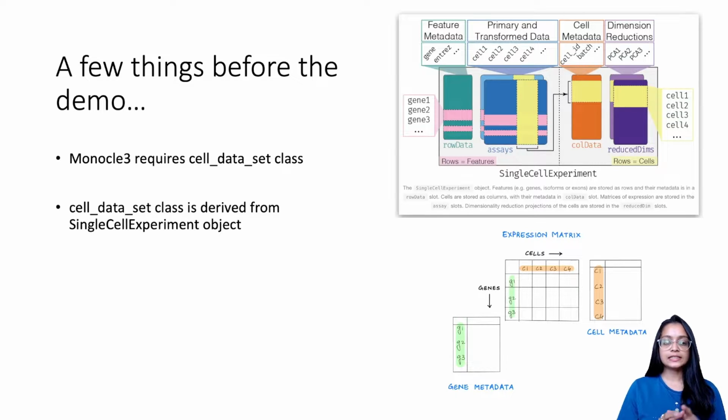Basically, this cell dataset class requires three input files. The first is the expression matrix, which is essentially a count matrix where rows are genes and the columns are cells. It requires a cell metadata file, which is essentially a data frame where rows are cells and the columns are attributes like cell types, culture conditions, or the day captured.